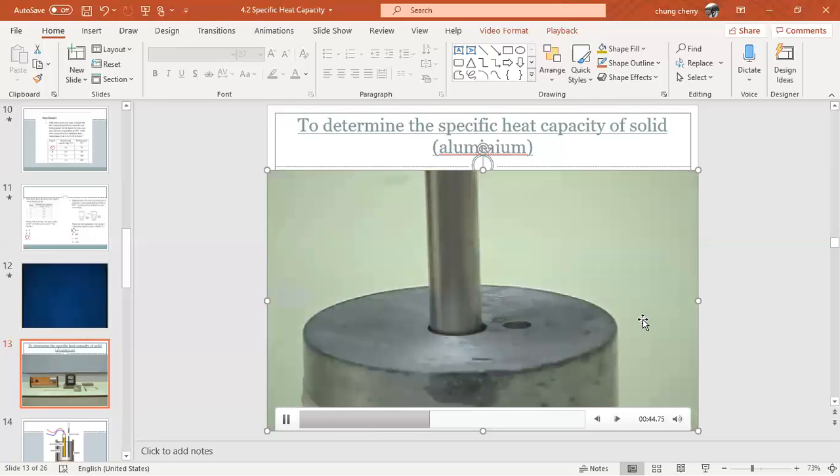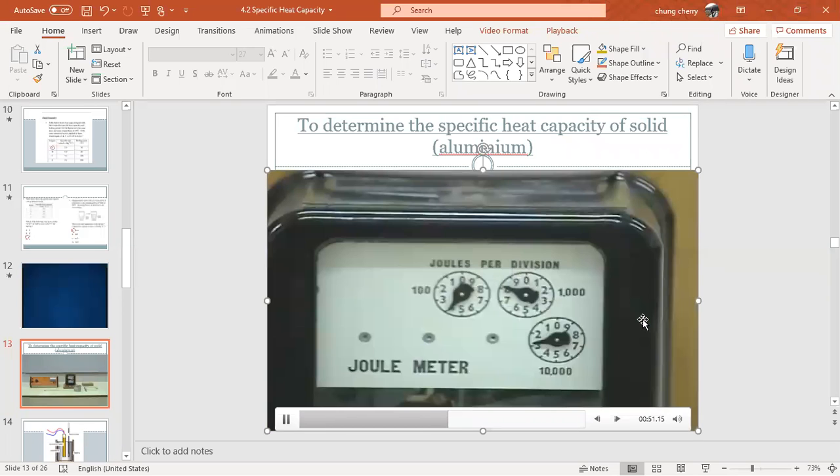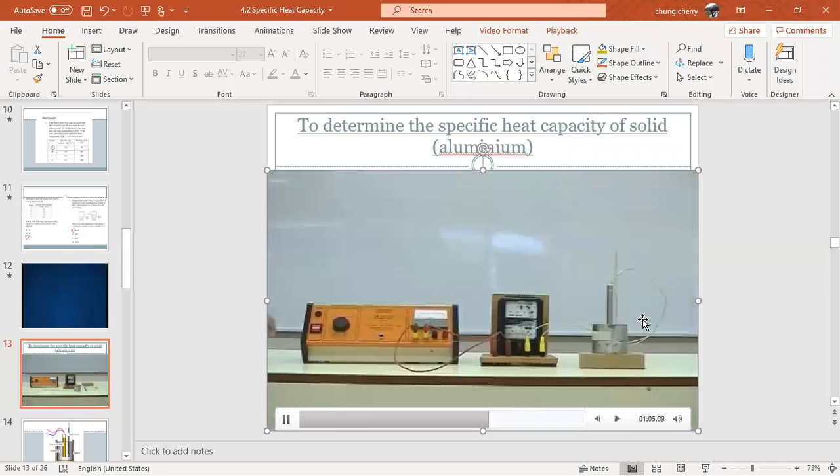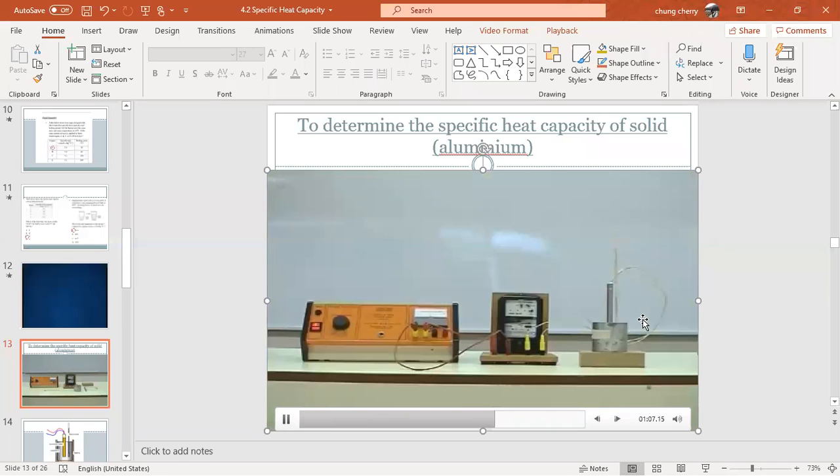Then insert the thermometer. Record the joule meter reading. The joule meter reading is to measure the heat energy in the aluminium block at this moment. Then switch on the power supply to heat up the aluminium block.